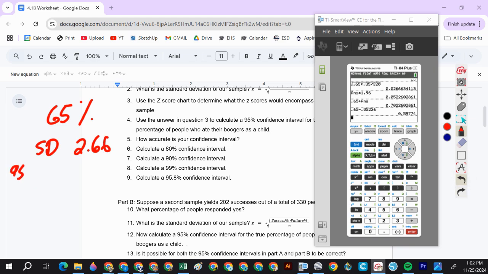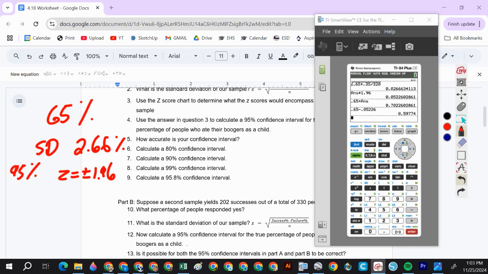A 95% window is z equals plus or minus 1.96. Okay, where are you stuck? Oh. Is that better? You were right. No wonder you were confused because I was doing it wrong.